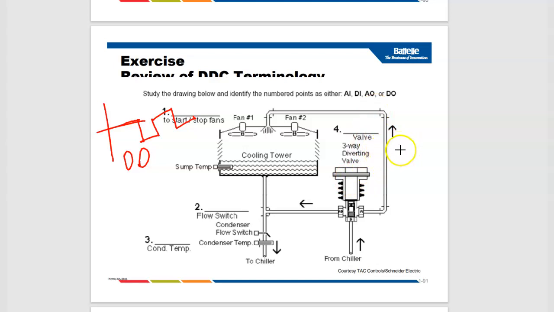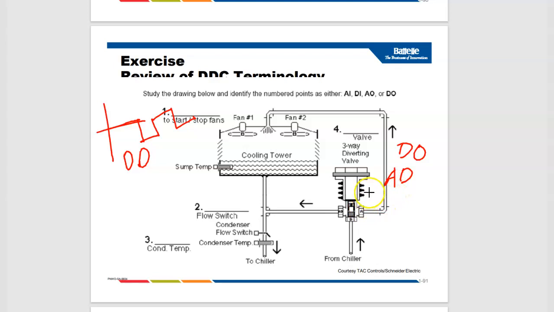It depends on whether the valve is only on and off, which means it could be digital. If this is an output, it can have digital output. But if the valve is to rotate and let a certain flow of water through, so it doesn't just close and open, this one is analog output.